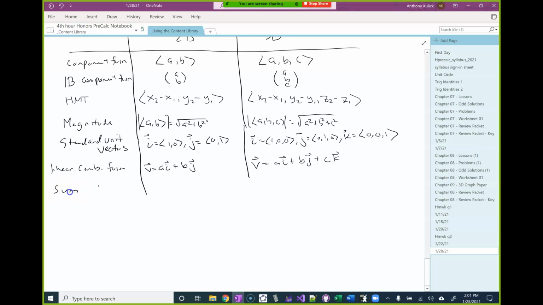The sum of 2 vectors. So for adding vectors u and v in 2 dimensions, we add 2 components. In 3 dimensions, we add 3 components. Whoa!